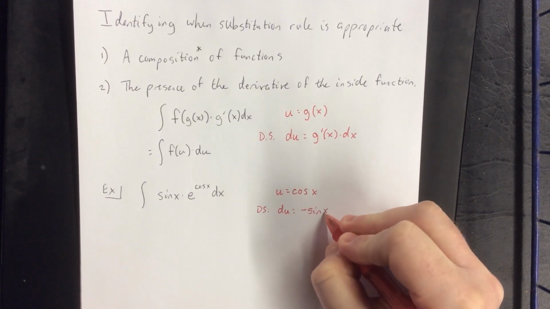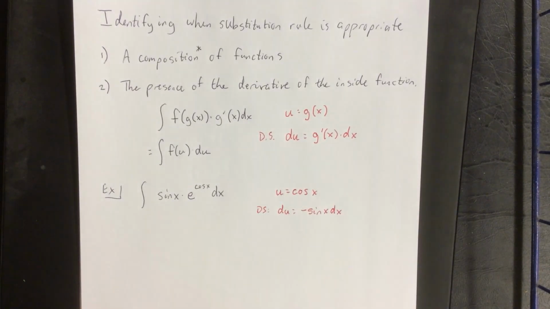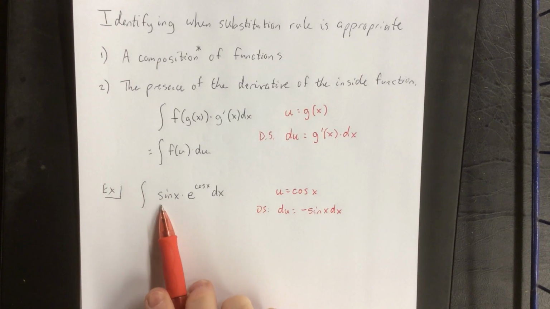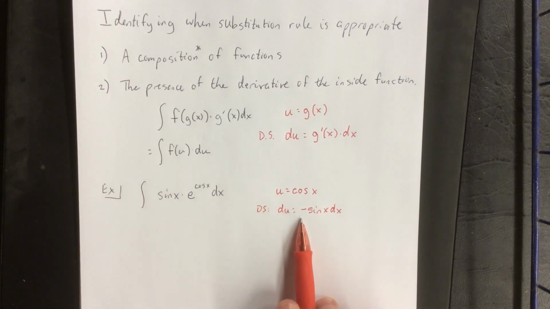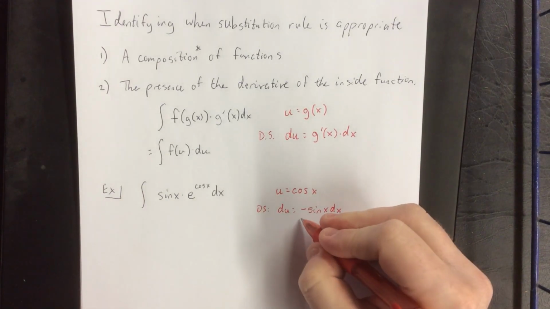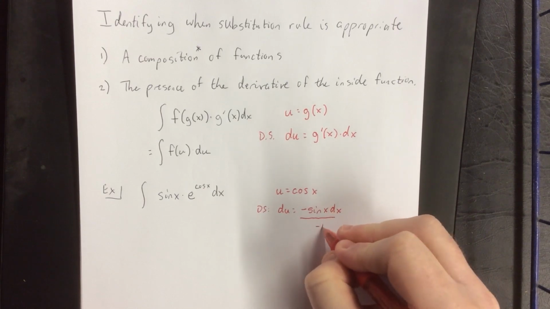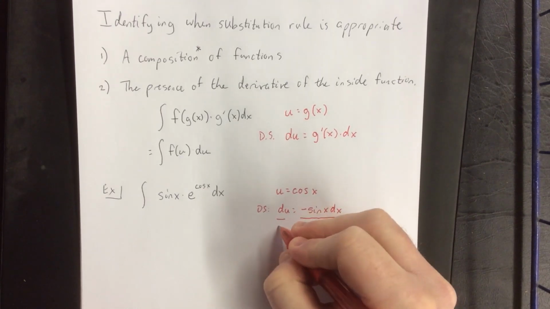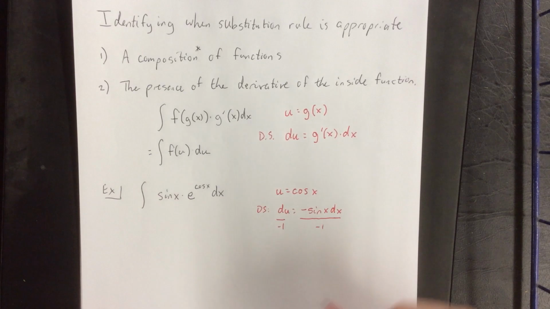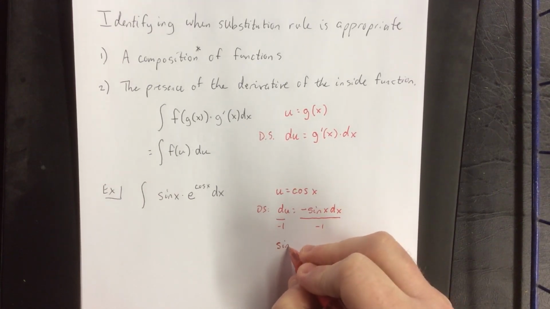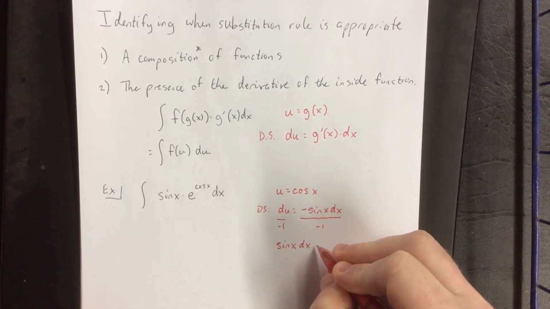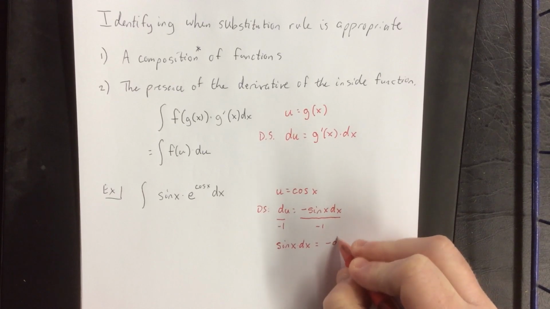That is the negative sine of x dx. Now I have a sine of x and a dx, but I don't have a negative. With that in mind, I can alter the form of this substitution so that it is more in line with what's present within the problem. So I can turn my sine of x times dx into negative du.